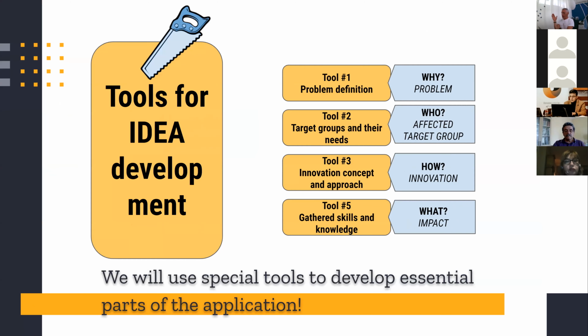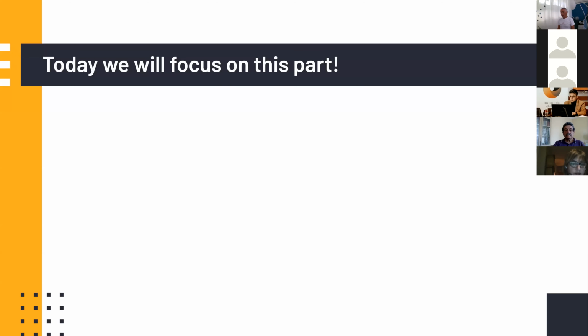So in these 3 webinar series, I will show you those different tools, and I will also give you examples from the workshop, from the application, so you can see what the text is at the end, not just how you need to do it.